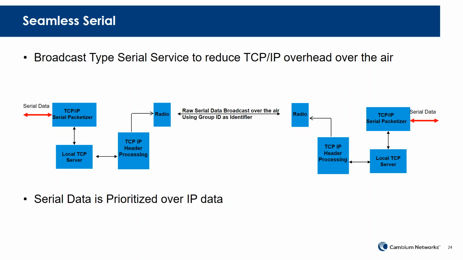We're also prioritizing that traffic ahead of all IP traffic. So the serial data always goes out over the air first, and you prioritize that. So if you have PLC communications that is being done as a priority for SCADA, you can make sure that that seamless serial traffic is prioritized.